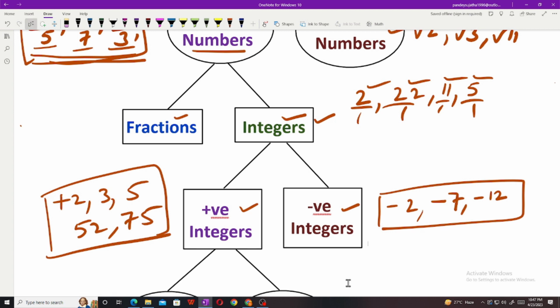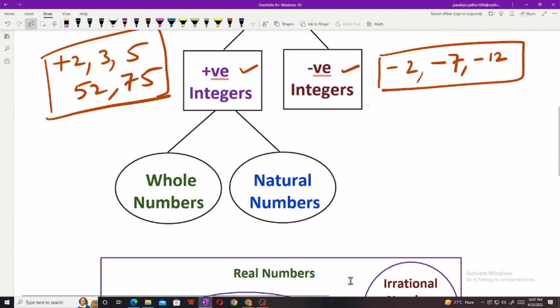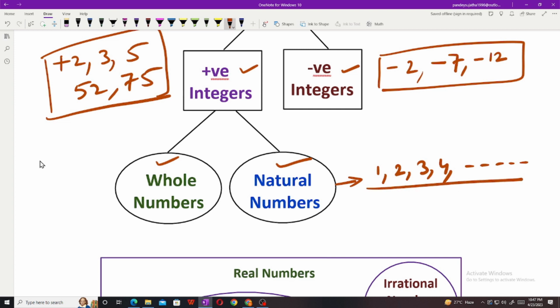Now the positive integers can be expressed as whole numbers and natural numbers. Natural numbers are all the counting numbers, that is 1, 2, 3, 4. If we include 0 with these numbers, then that becomes the whole numbers.